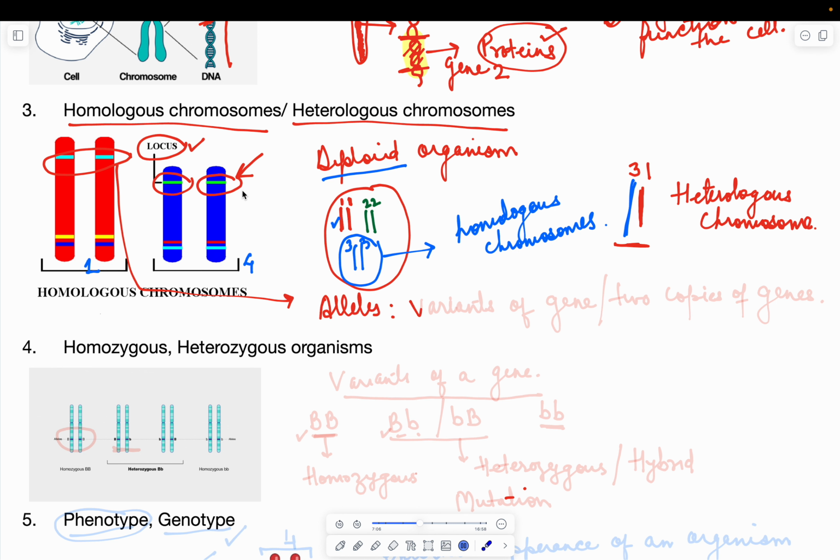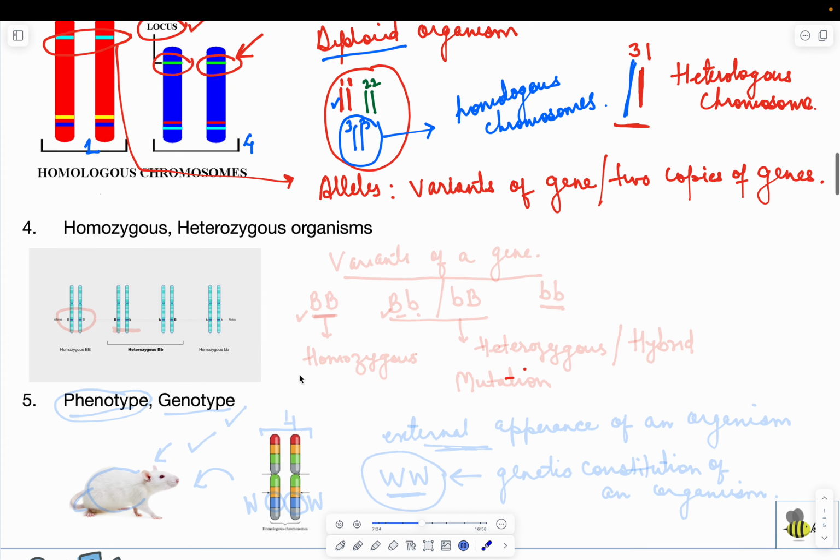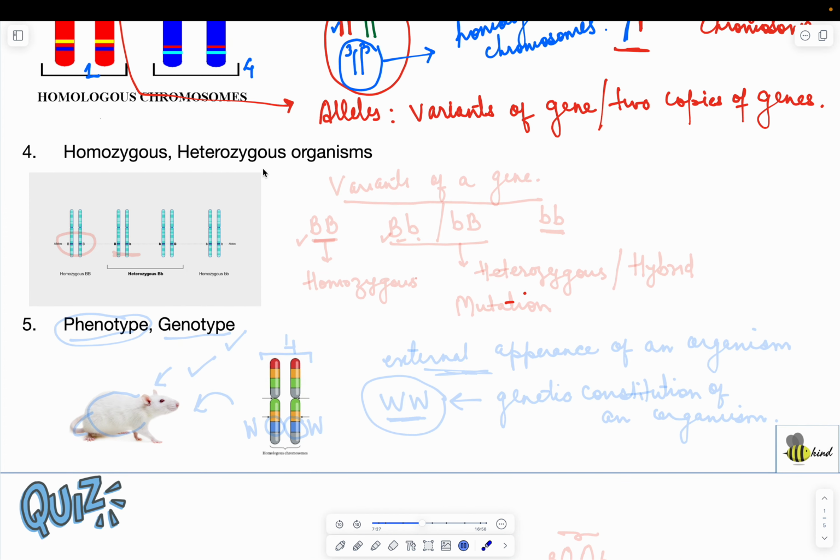So alleles are the variants of a gene, or you can say two copies of genes. We will see what are homozygous and heterozygous organisms. As I have already told you, the variants of the genes are known as alleles.